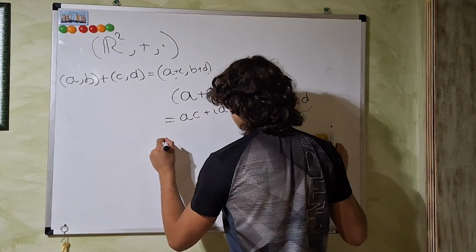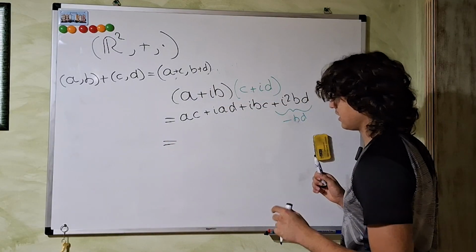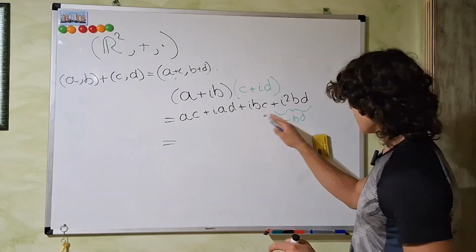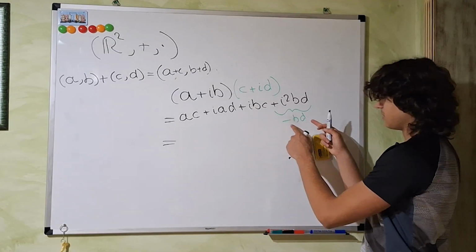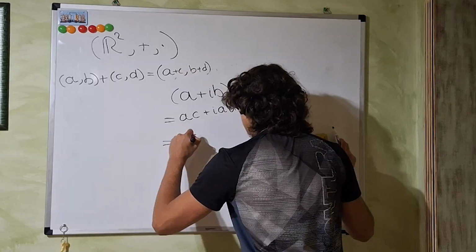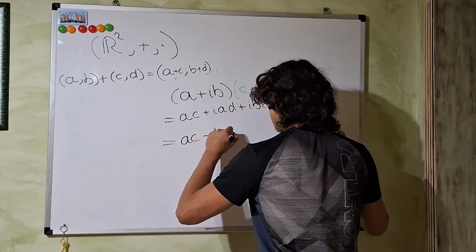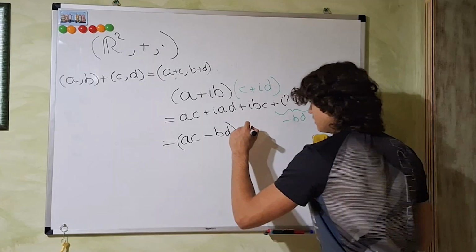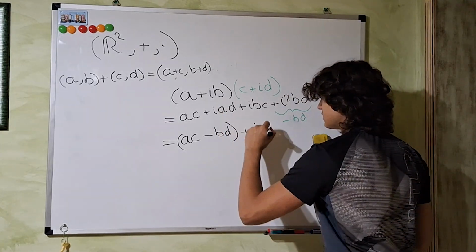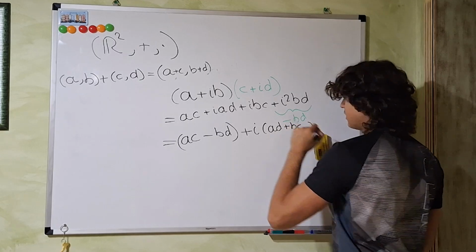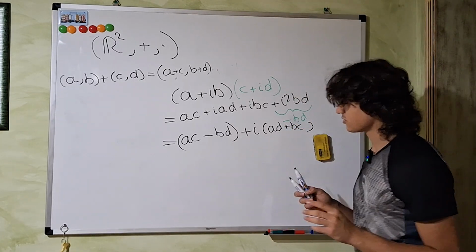And we can add the two real components, because this has become a real component. So this is AC minus BD, the real part of the complex number, plus i times AD plus BC.